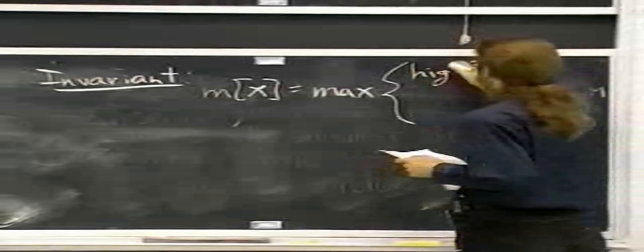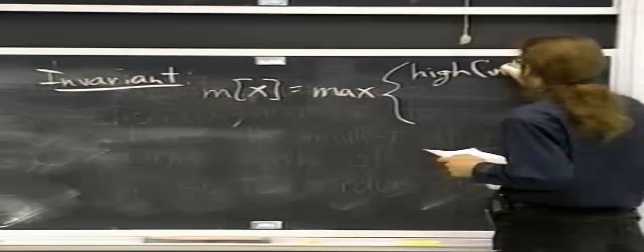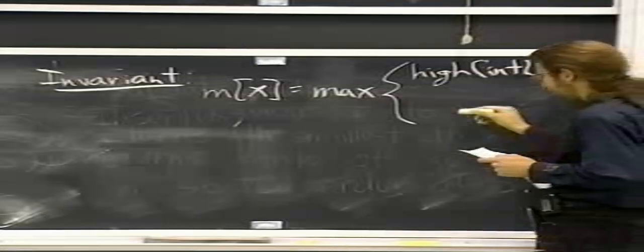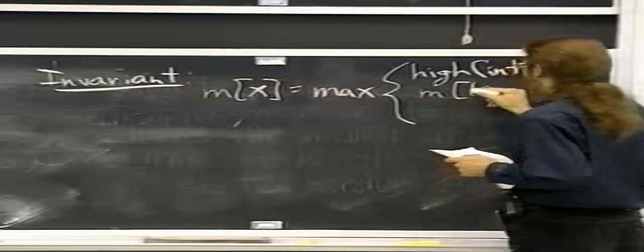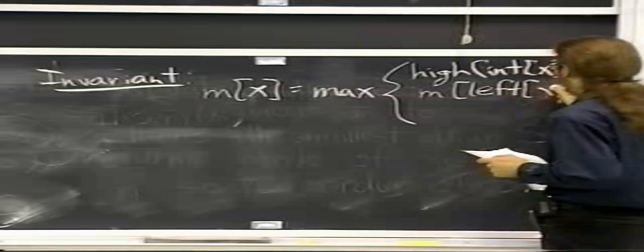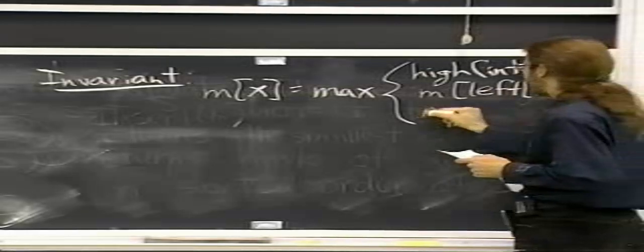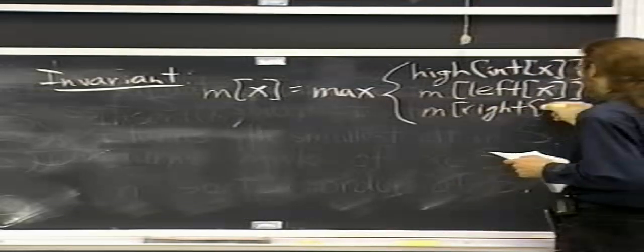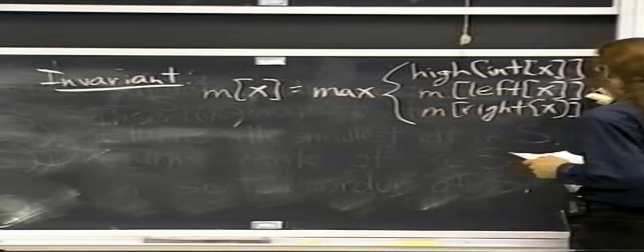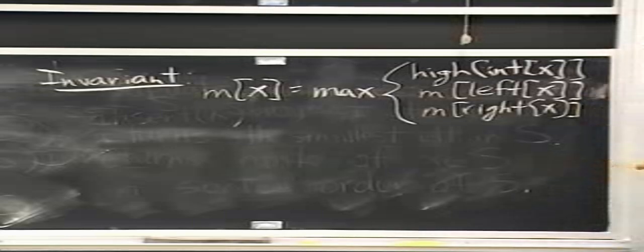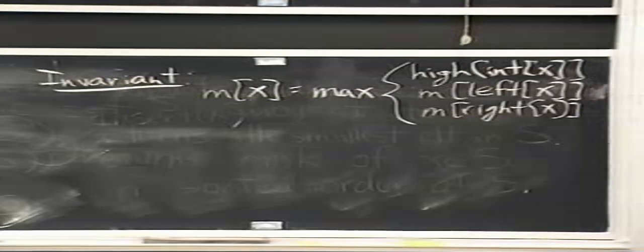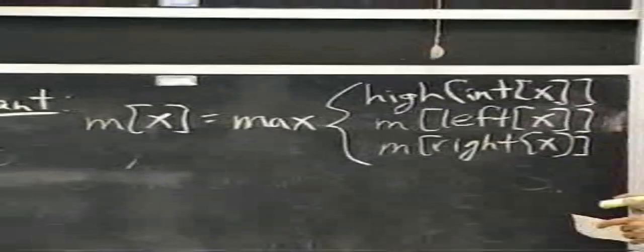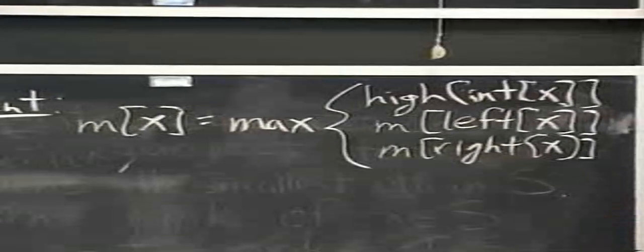So I look at the high endpoint of my interval, int x. And then I look at my left child, take the max over there. And then I look at my right child, take the max over there. Okay, so this is like a recursive formulation of this definition. And that's useful because it's a local thing, local computation.